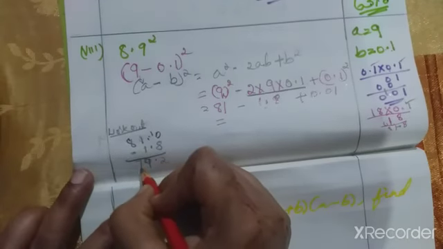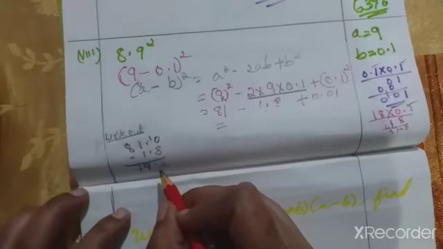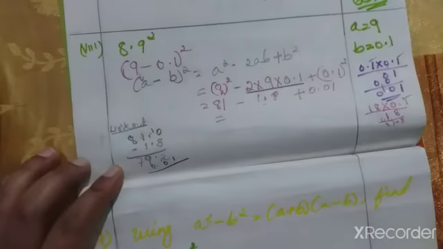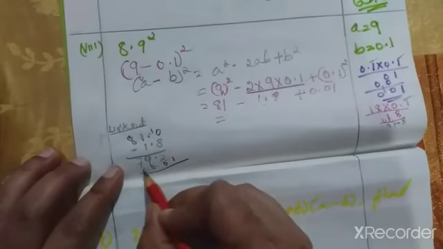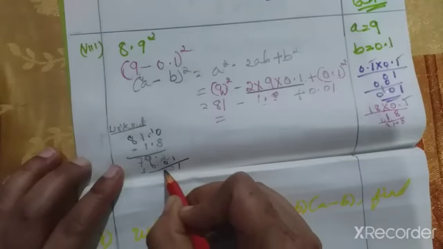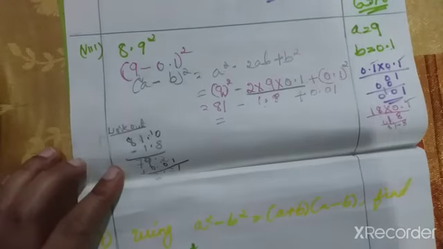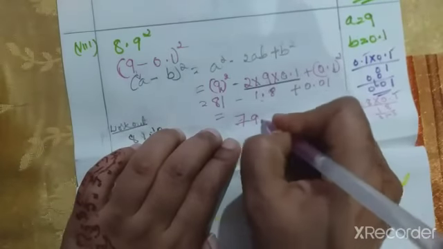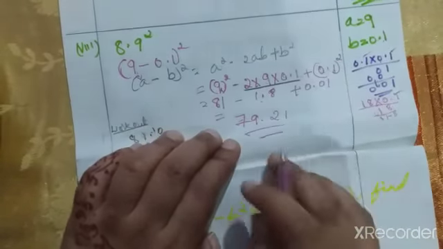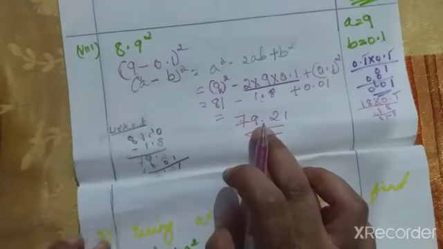Now here 7, so 79.2. To that 79.2 we have to add 0.01. So 1, 2, .97, total is 79.21. Answer is 79.21.